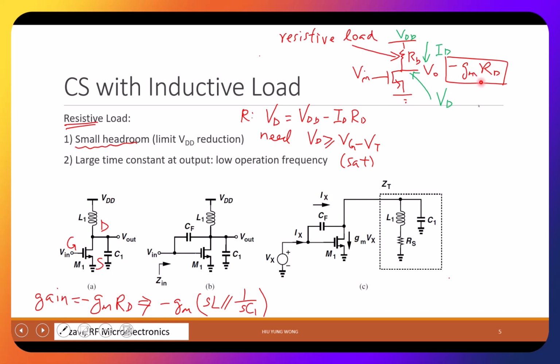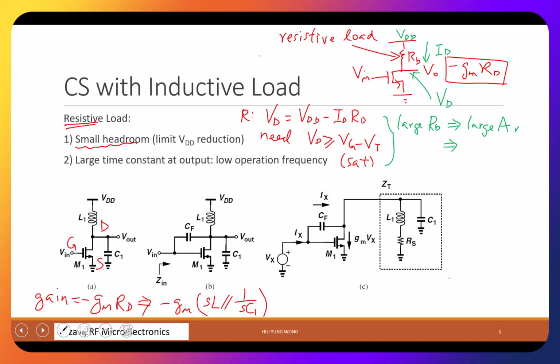But from your perspective, do you want to have a large RD or a small RD? Do you want to have a large RD? Why? Then you have large gain. But what does it also mean when you have a large RD?